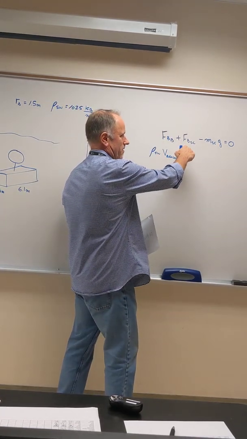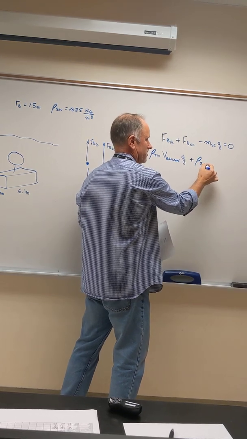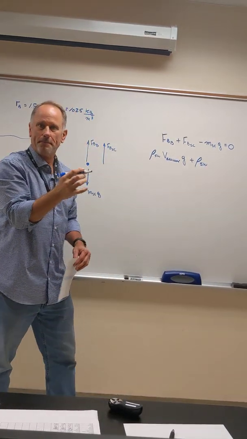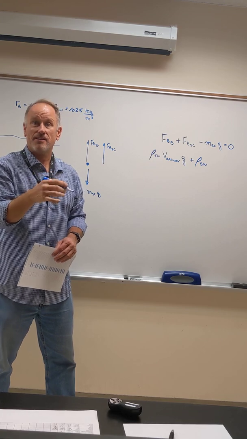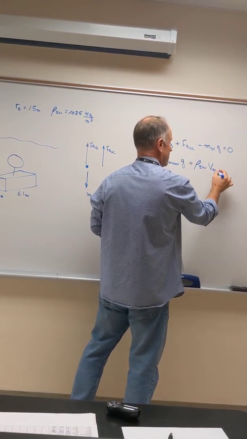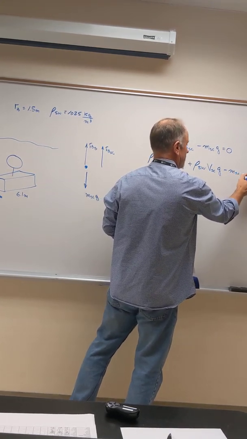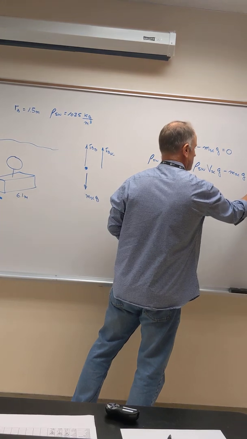Now, the buoyant force of the shipping container, it's also pushing aside salt water. Do you agree? And the shipping container has a volume associated with it. Rho salt water times volume of the shipping container times g, minus mass of the shipping container times g, equals 0.